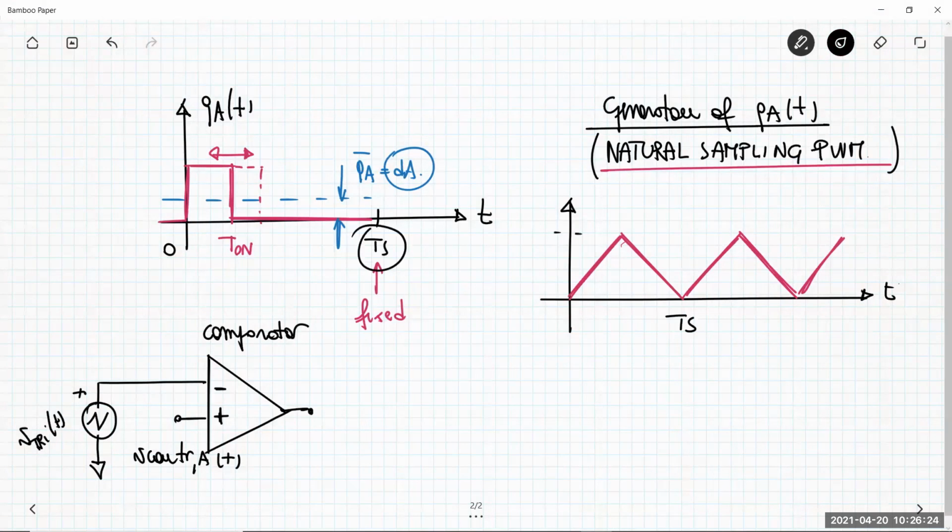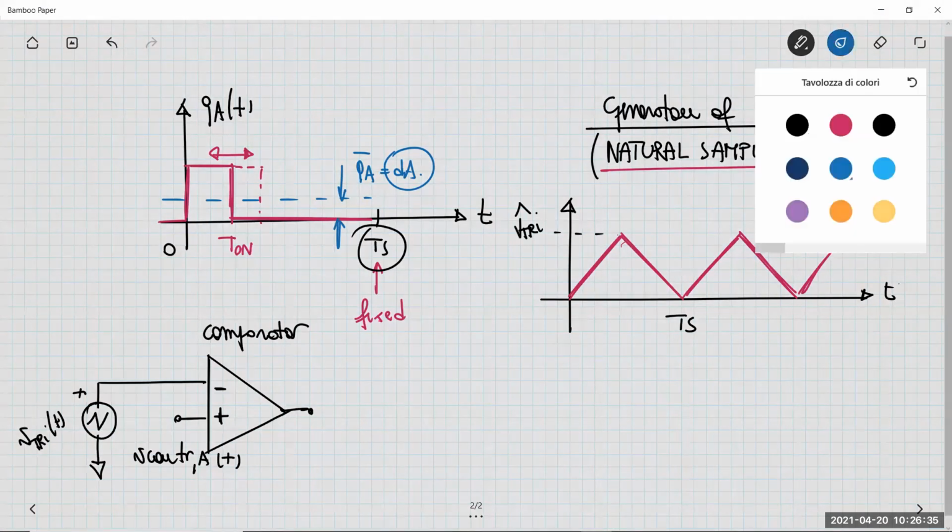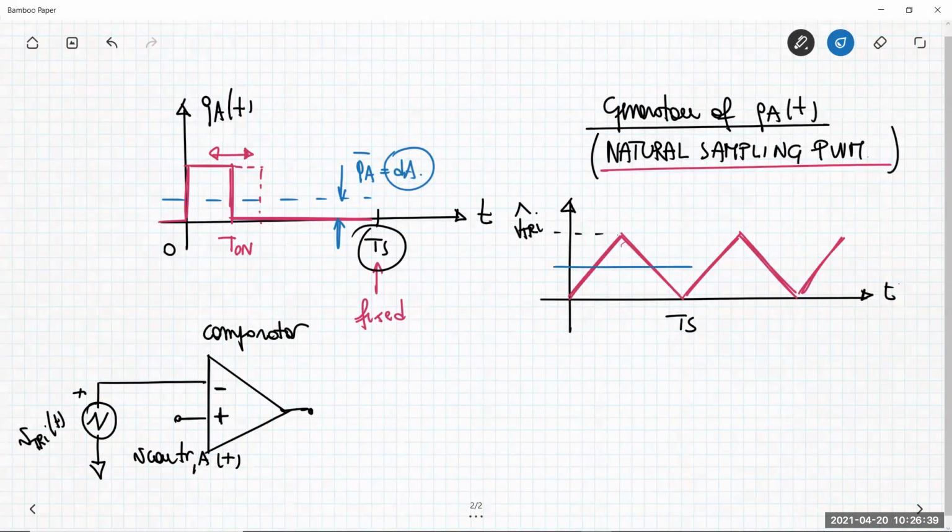The peak value is called V triangle, then you have the control voltage. The control voltage can be, for example, a constant voltage, V control A.